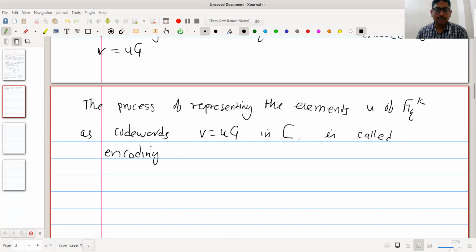Let us see by an example how one can encode.